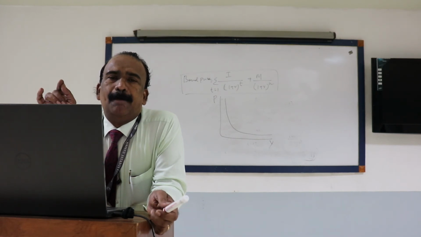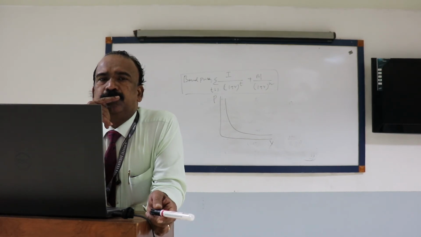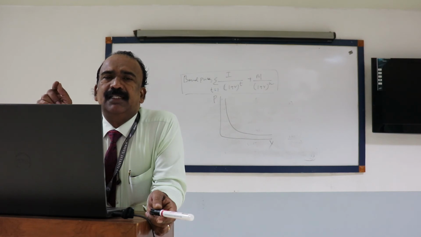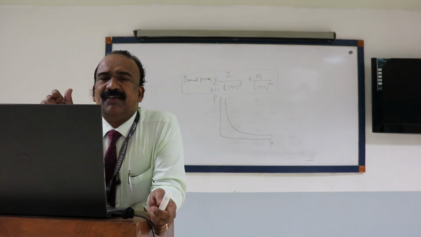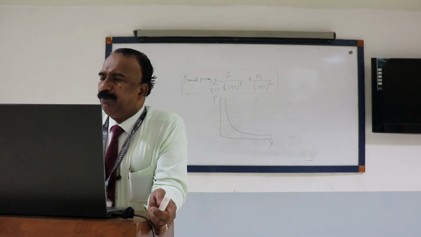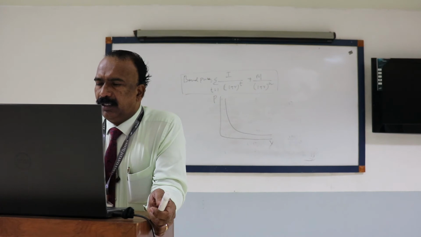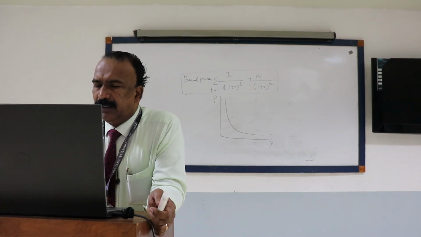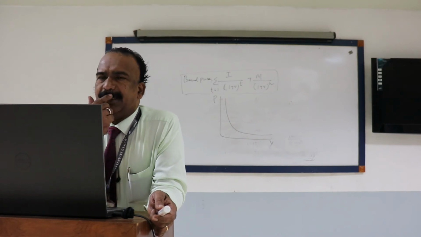When R is equal to 3.9%, the value of the bond is how much? 1073.68, correct?